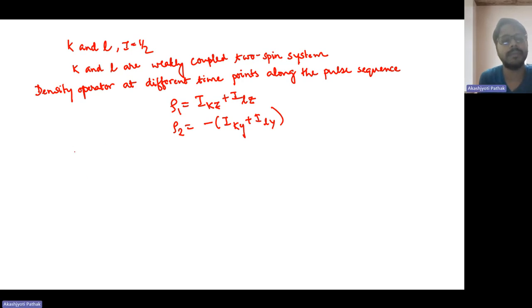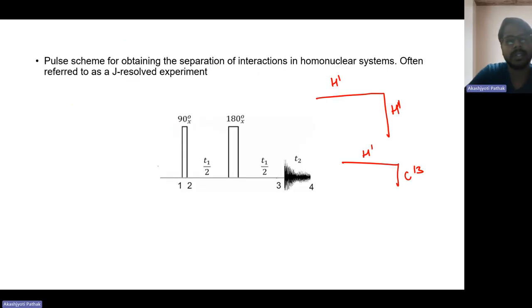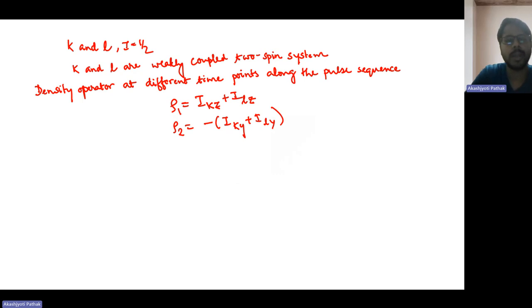What will happen during the next T1/2 time, during the next spin echo period? Chemical shifts will be refocused, and thus the spins evolve under the scalar coupling Hamiltonian HJ only.